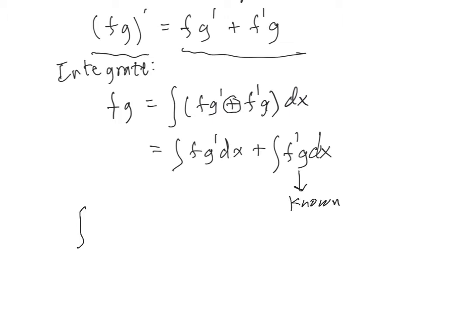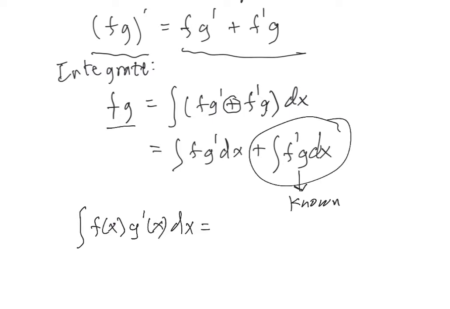So the integral, and now I'm going to write all the details out, f of x, g prime of x dx, is equal to the product. We're subtracting this one over. The fg is already there. f of x g of x minus the integral of f prime of x g of x.